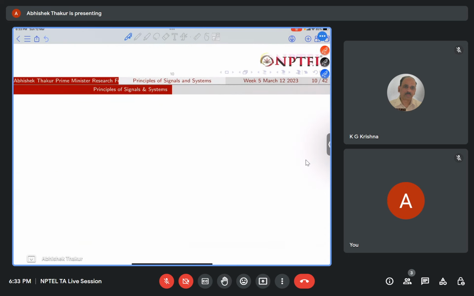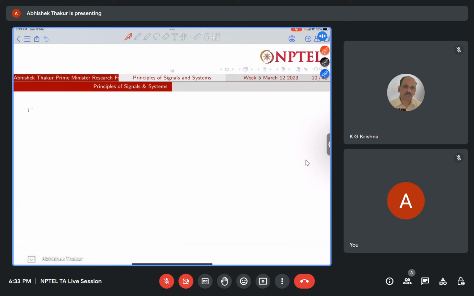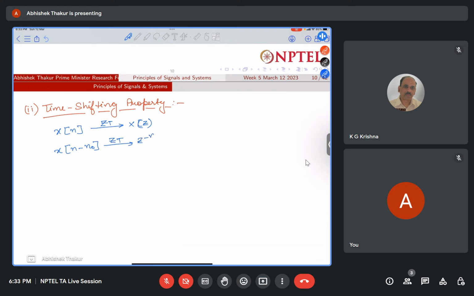And also we'll see the next one, that is the time shifting property. In this, if the Z transform of x[n] is given as X(z), then the Z transform of x[n minus n0] is given as z to the power minus n0 into X(z).